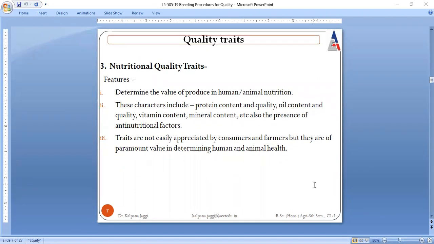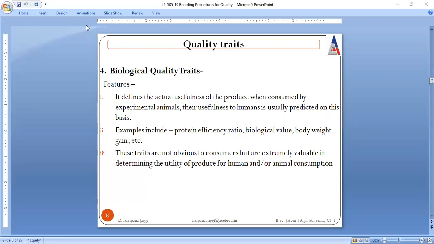The next is biological quality traits. Biological quality traits are the traits which define their actual usefulness only when they are consumed by the experimental animals, right? Because whatever product is produced, it will not be given directly or sold into the market.